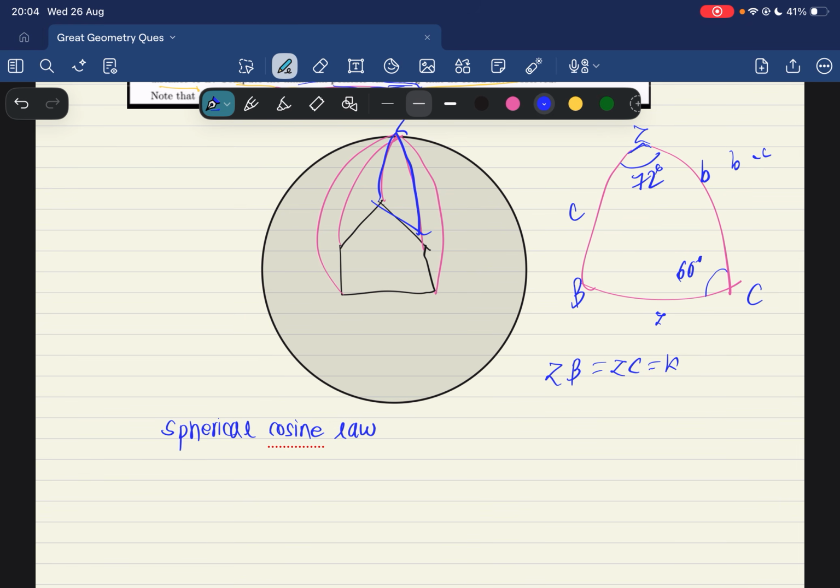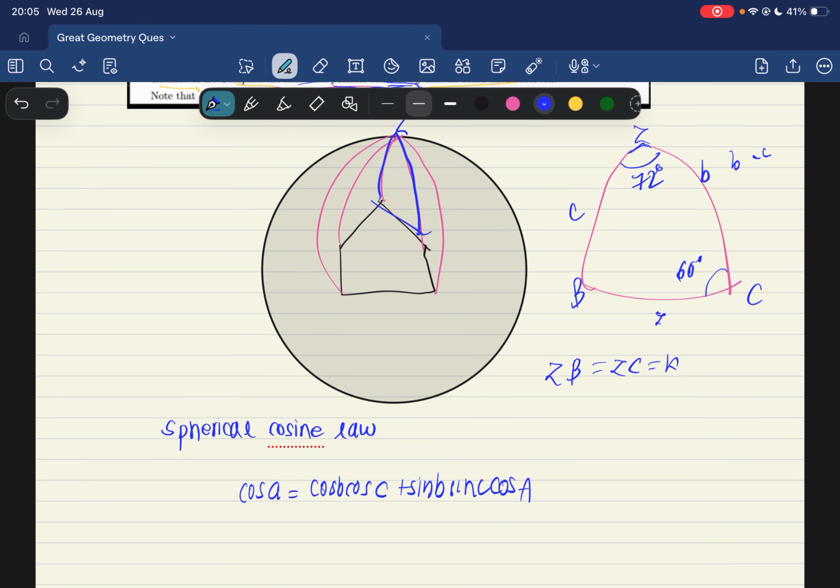With that, we are plugging in the spherical sine law as well. So what does the spherical cosine law say? We have cos a equals cos b cos c plus sine b sine c cos A, right?